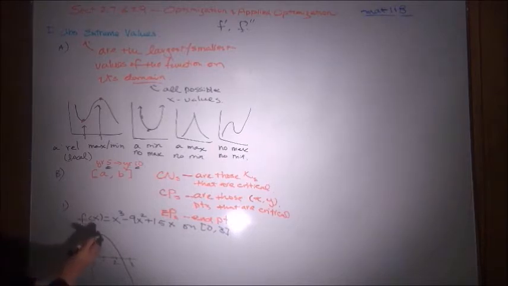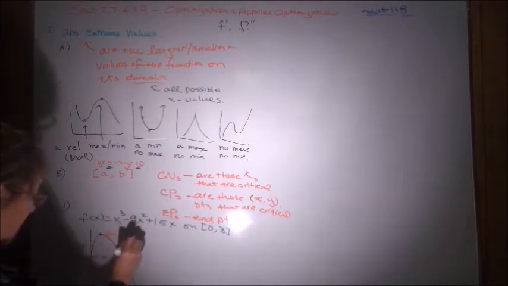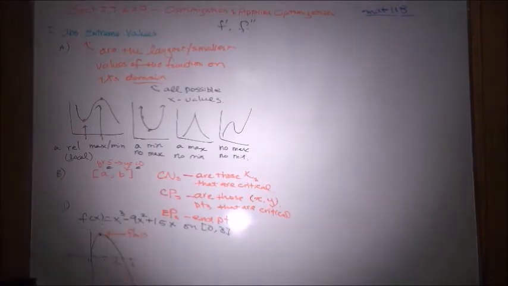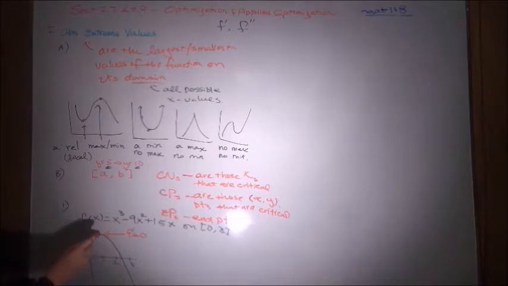At this point, you must have what? F prime is 0, because your tangent line, the rate of change, didn't change up or down. At this point it is 0.